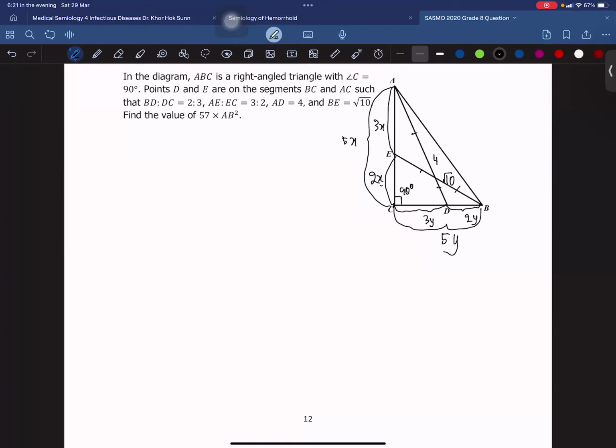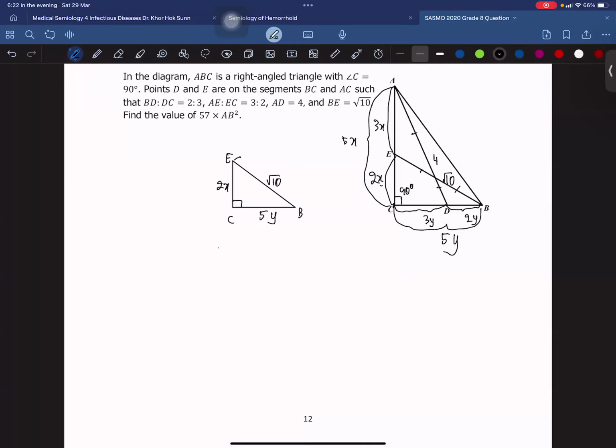So in the triangle, we have CEB. This thing is square root 10. So this is 2x and this is 5y.